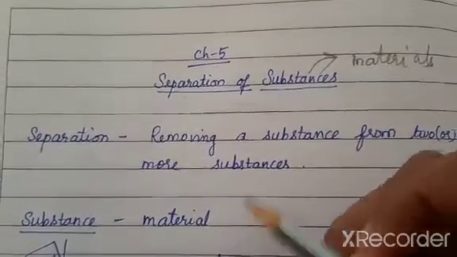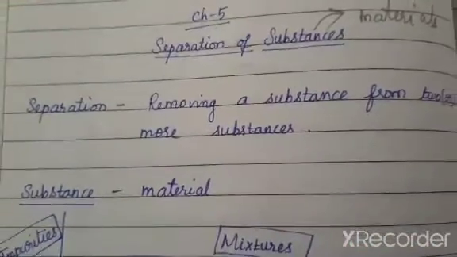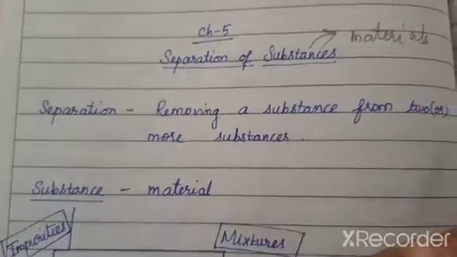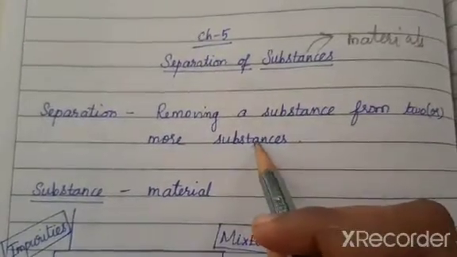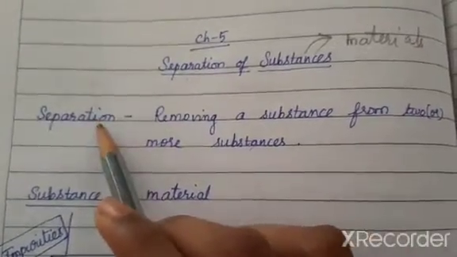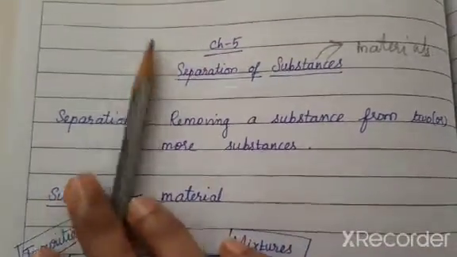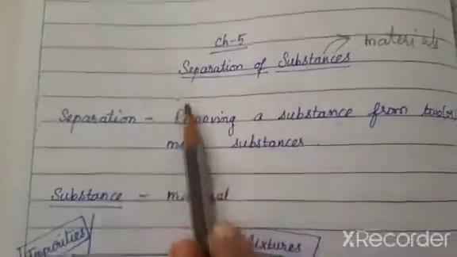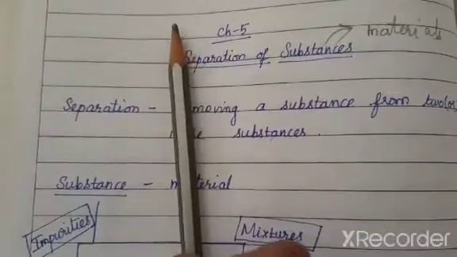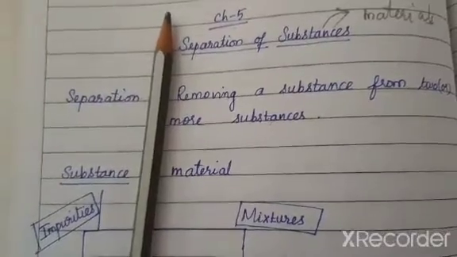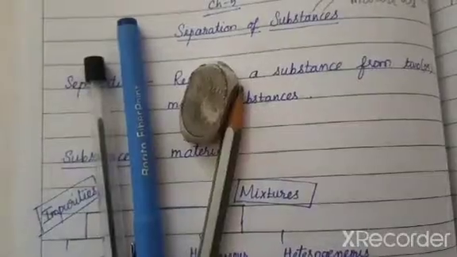As I told, separation means you are going to remove a substance from two or more substances. If I have only one pencil, can I separate anything from this? Not possible, right? I cannot do the activity of separating from one material.